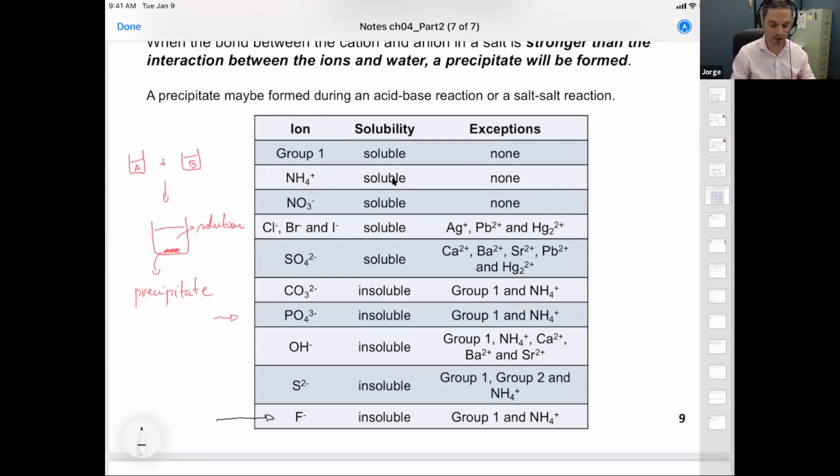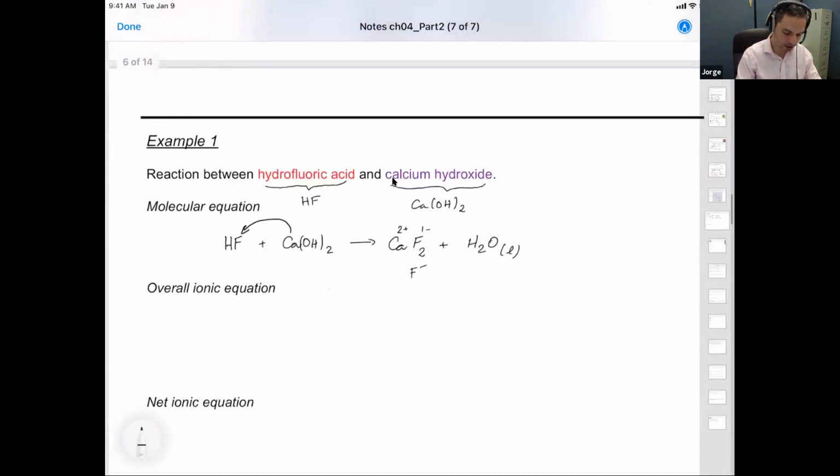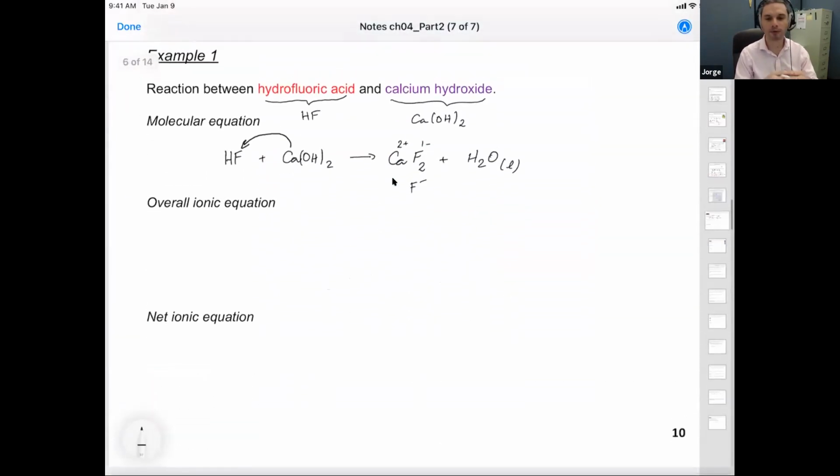The exception is when combined with group 1 or ammonium. In this compound, fluoride is combined with group 2, therefore it will form a solid. I'm going to represent that using the parentheses and S. You can always represent the formation of a solid by an arrow pointing down.